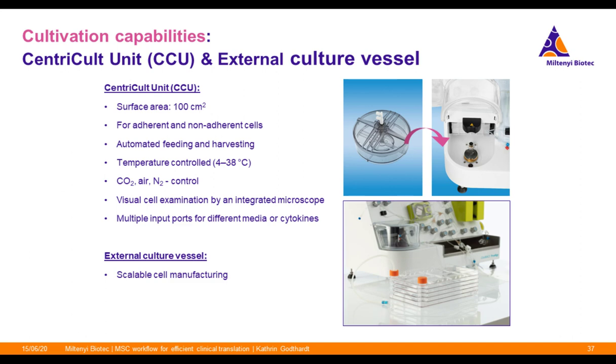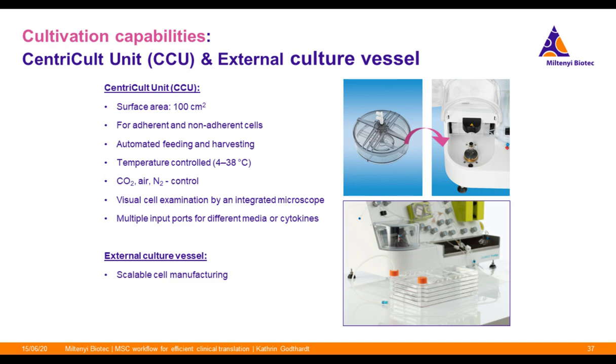So for cultivation, we have several options. First, the Centricult Unit. You can see it here on the right side. The surface area is around 100 square centimeters for adherent and non-adherent cell cultivation. Automated feeding and harvesting processes are possible here.